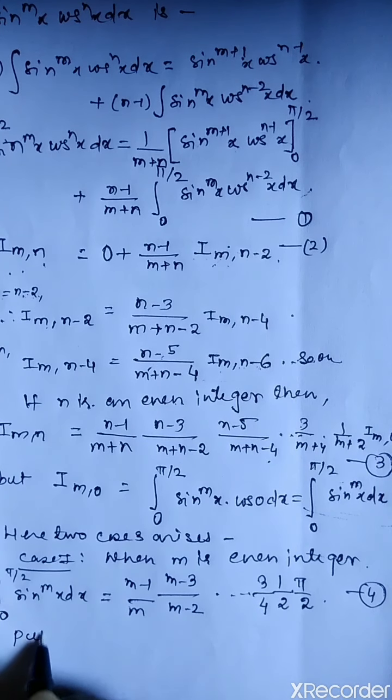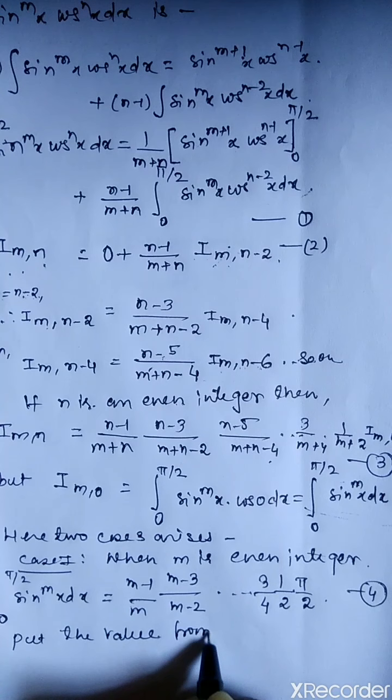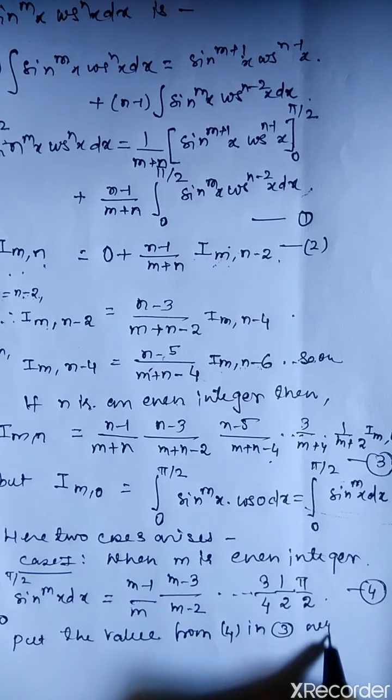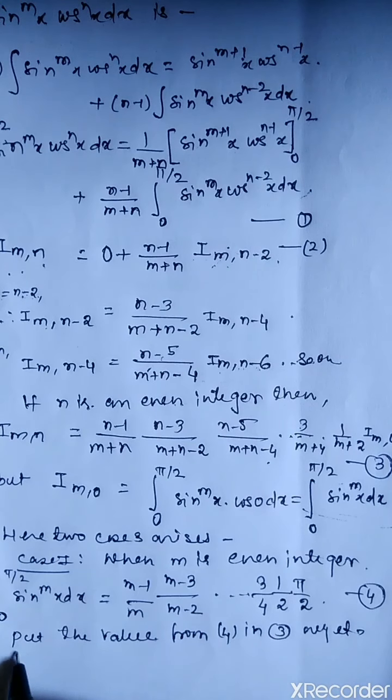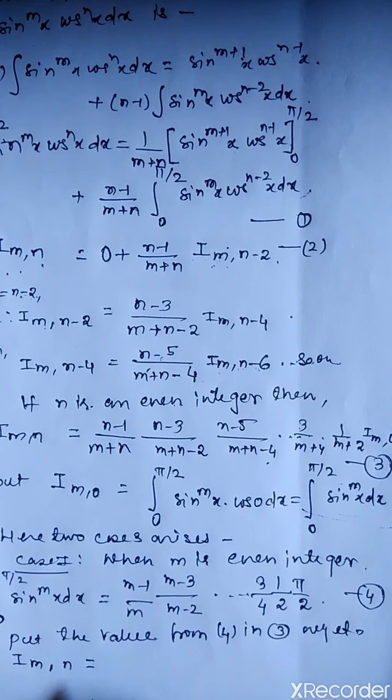Now put the value from 4 in 3. So what do we get? We get I_{m,n} equals, so what are these values?